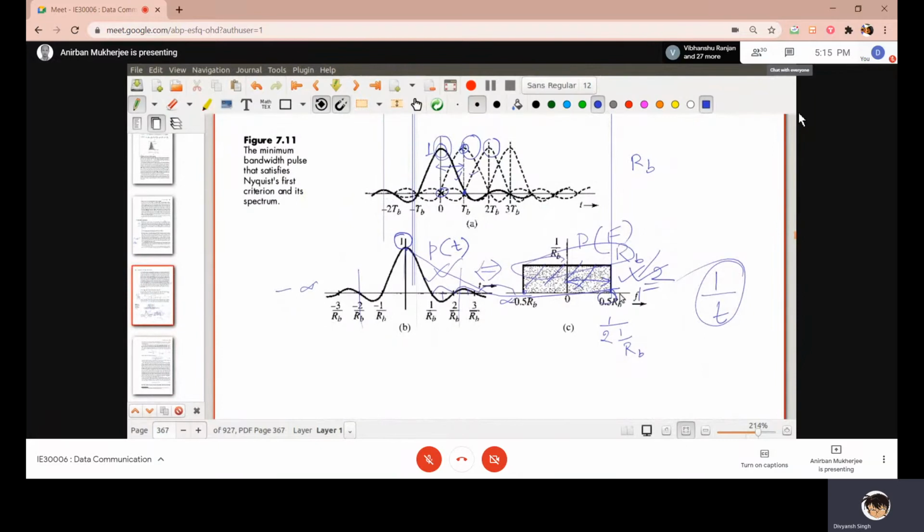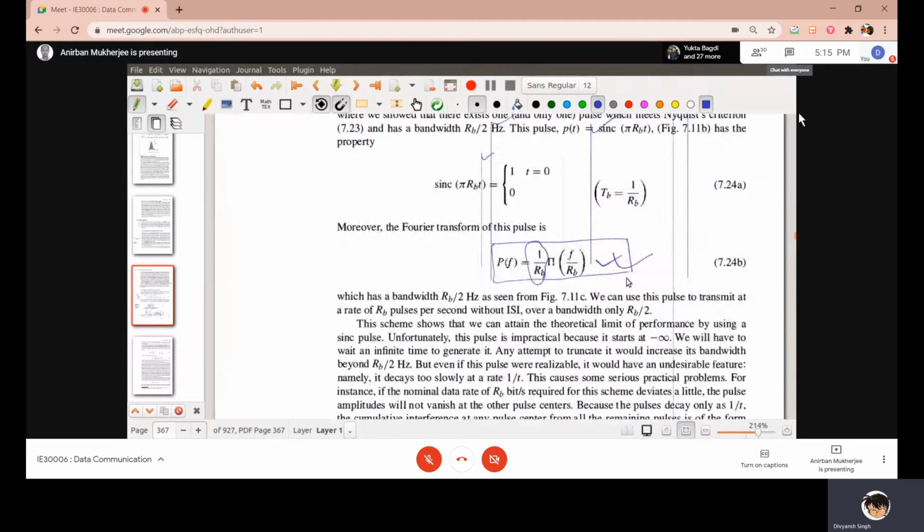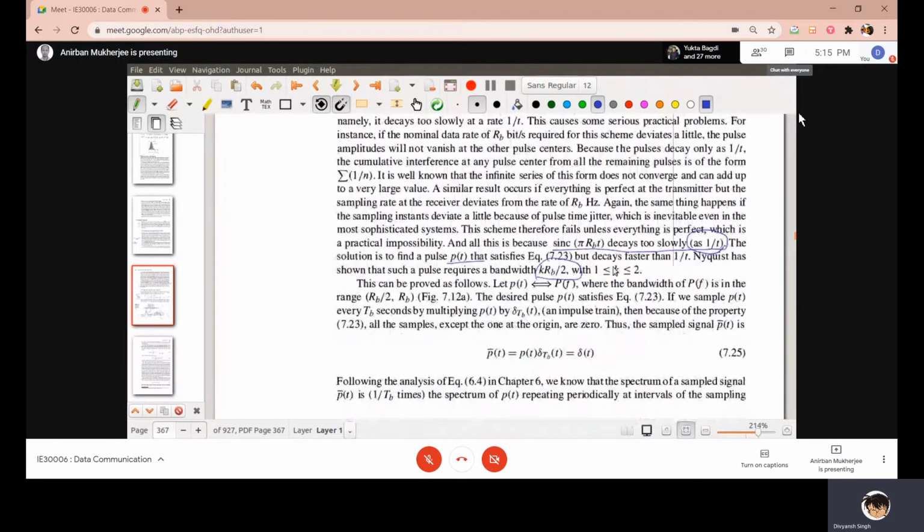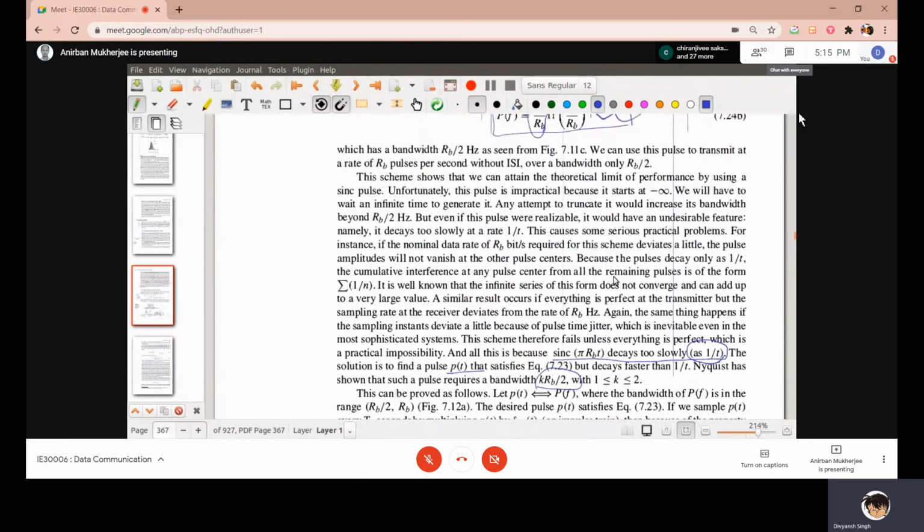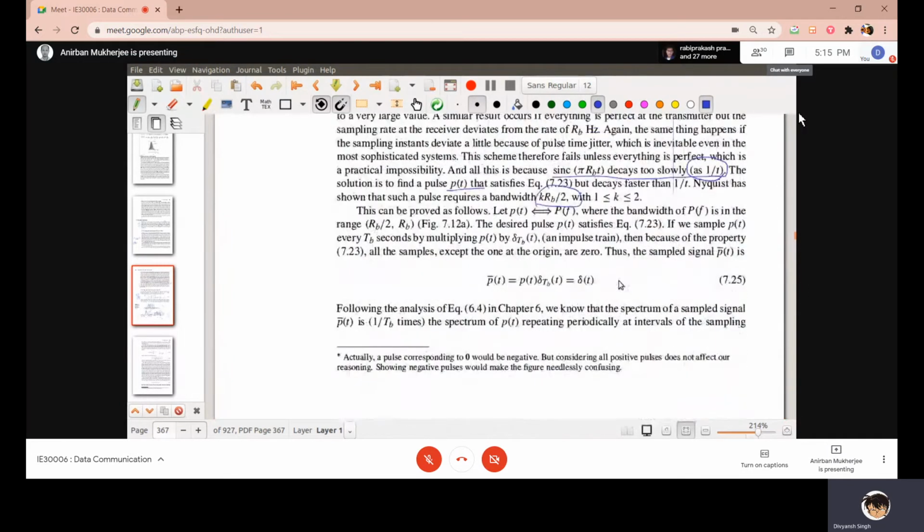Okay, if you can spend more, that means k into RB by 2. Here you see that k is between 1 and 2, that means between RB by 2 and RB, then this is possible. For that, let p(t) be the pulse and P(f) the frequency response.